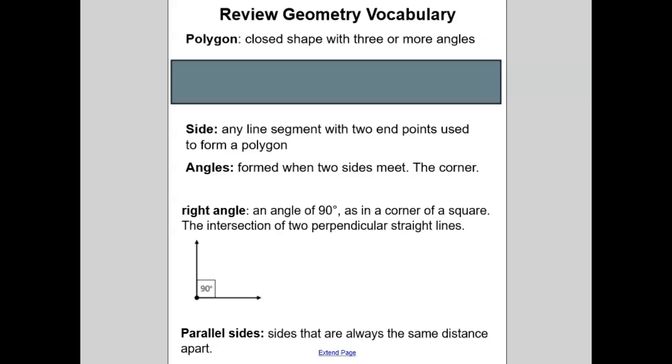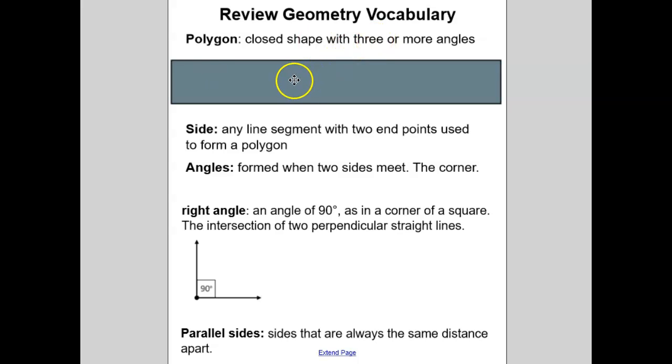Boys and girls, there's even more that you know. You know that a polygon is a closed shape with 3 or more angles. I have another task for you. Would you please pause the video and write down the names of all the polygons that we've learned about over the past 5 days and their attributes?